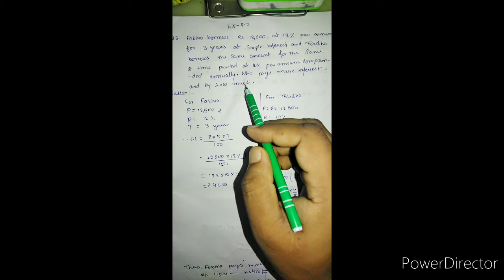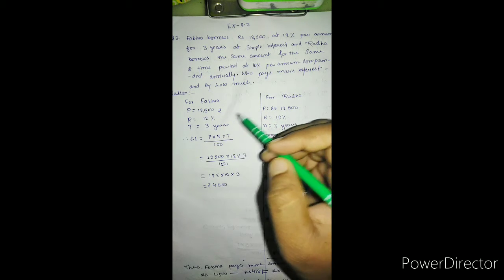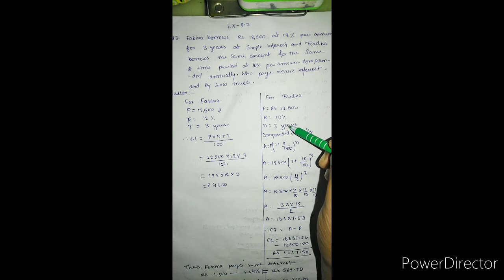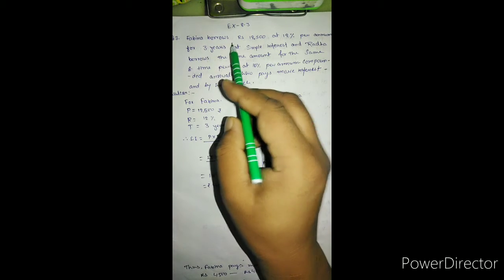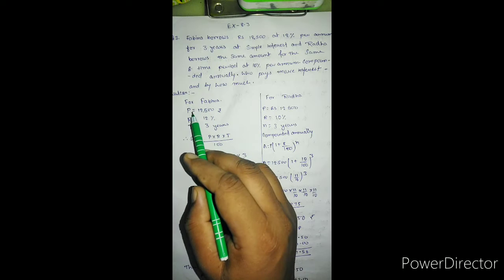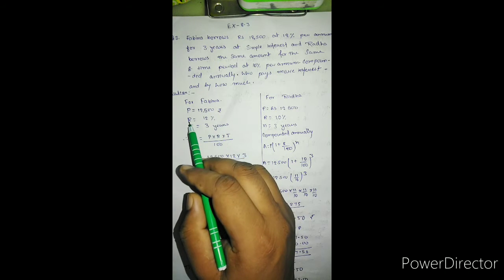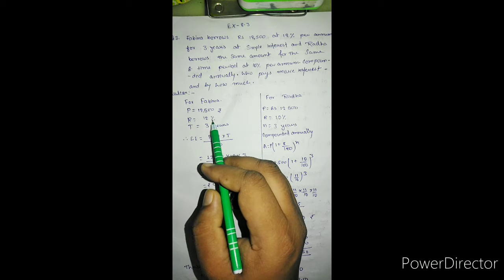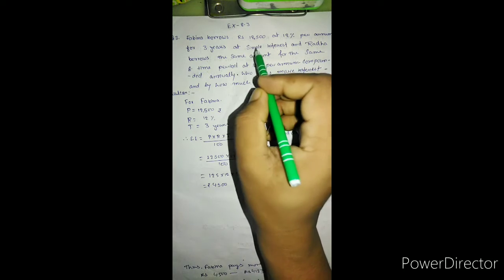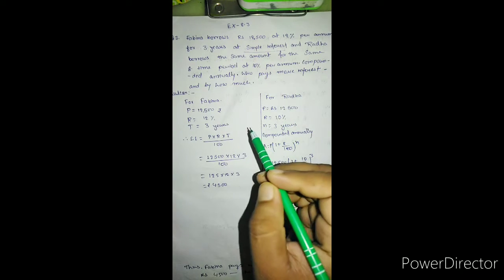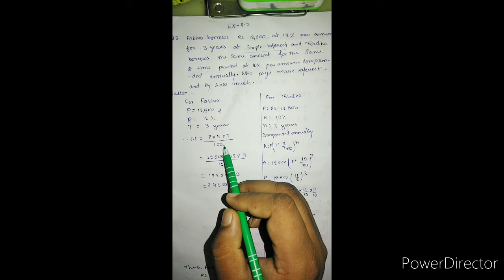So first we will solve for Favina, then we will solve for Radha. According to this question, for Favina, P is 12,500, R is 12%, and time is 3 years, and we are asked for the simple interest. So SI equals P into R into T by 100.